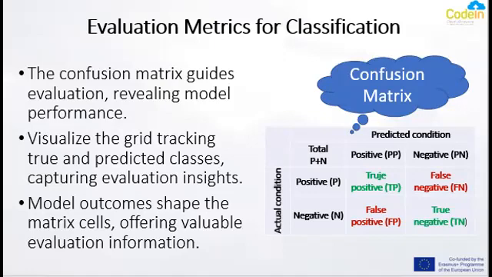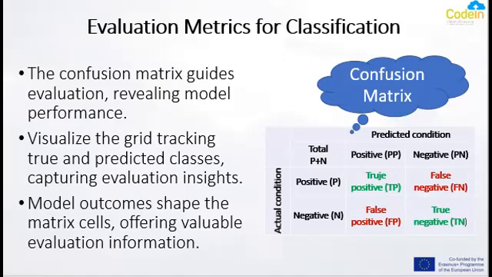Visualize a grid representing your model's journey through a vast data landscape. One side of the matrix holds the true classes, the actual presence or absence of the target, while the other contains the predicted classes, the labels your model assigns. Every step your model takes is recorded within this matrix.